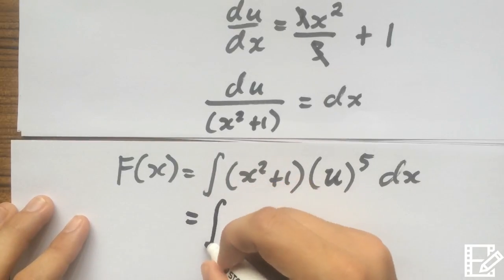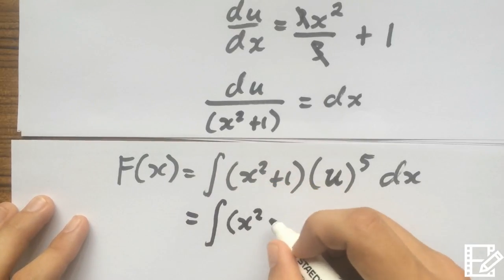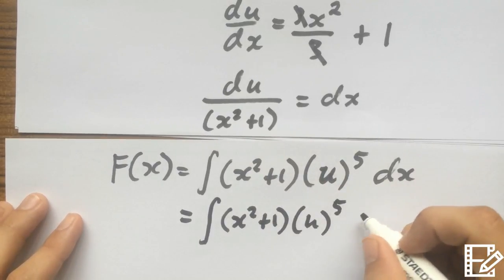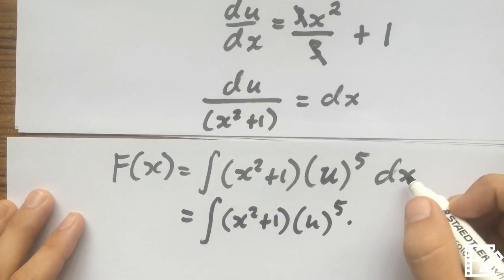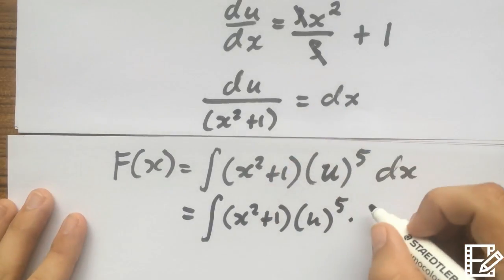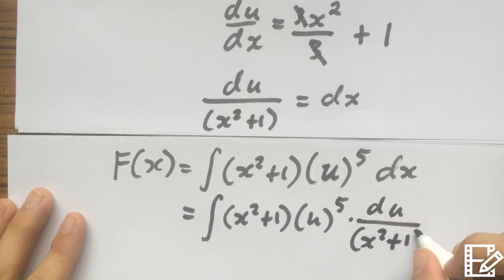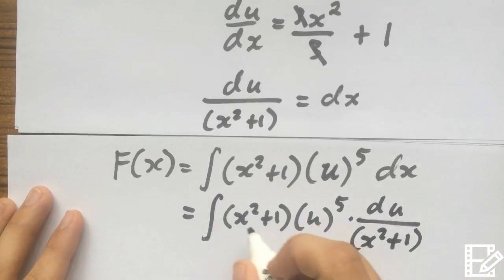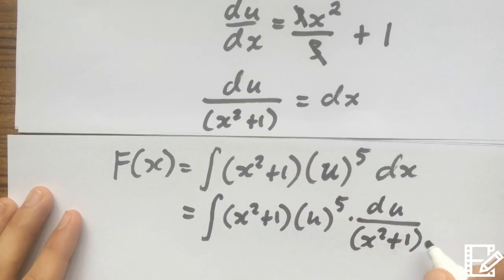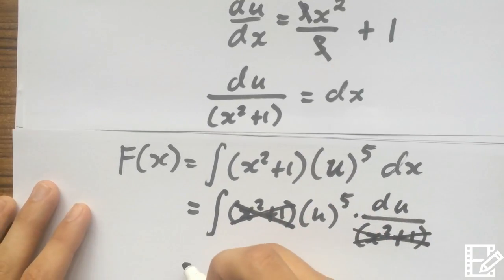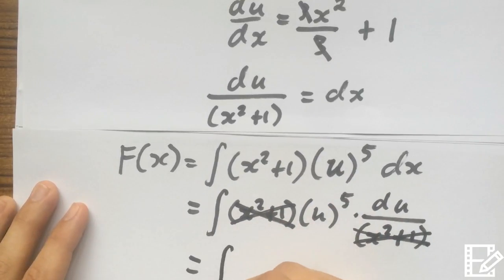And what we'll get is x squared plus 1, u to the power of 5, no longer multiplied by dx, but multiplied by du over x squared plus 1. Now because we have an x squared plus 1 divided by an x squared plus 1, we can cancel them out. And all we're left with is the integral of u to the power of 5 du.